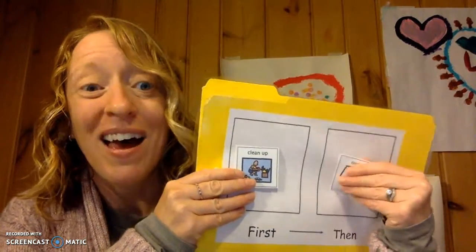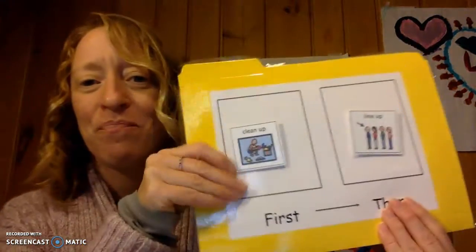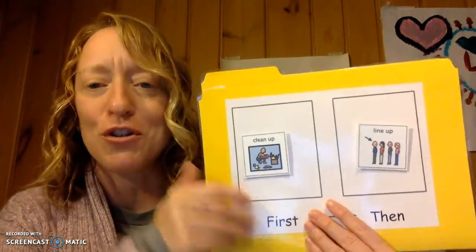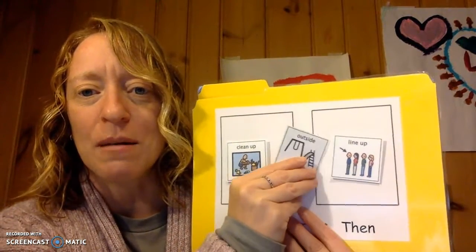Like maybe instead of showing outside right away, I might show line up: first clean up, then we're going to get in line. But at first you might not be able to show get in line because they may not want to get in line. So I would show that outside picture first.